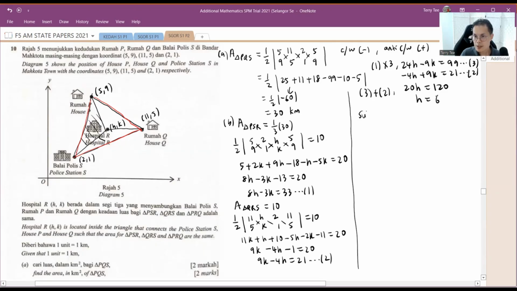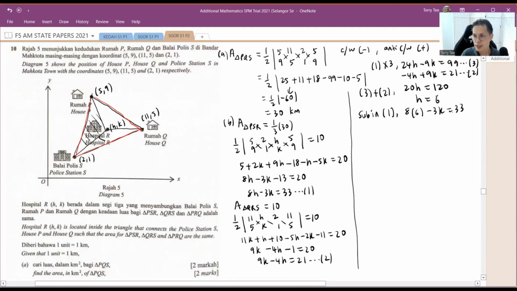So then we sub inside equation number, maybe I use equation number 2. Well, equation 1 would do. Okay, so my H is 6. My K is unknown, 33.